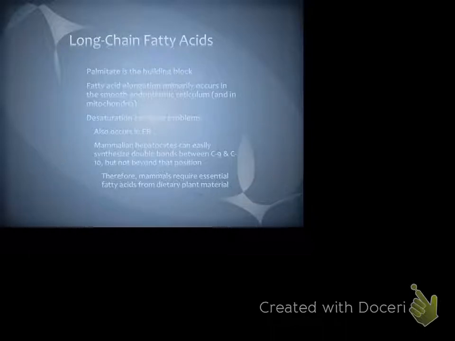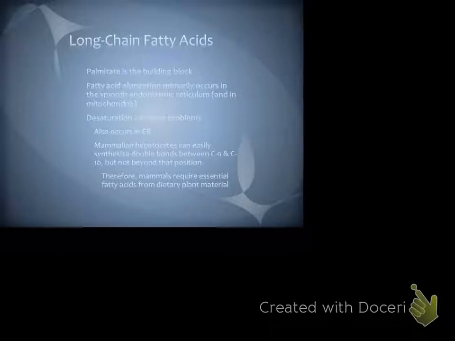However, for a lot of the PUFAs, where are those double bonds located? Much closer to the end, like the omega-3s and omega-6s. So we're talking about 9, 12, 15, and 18 carbons down. And so it can do the first one at 9, but it couldn't do the ones beyond that.